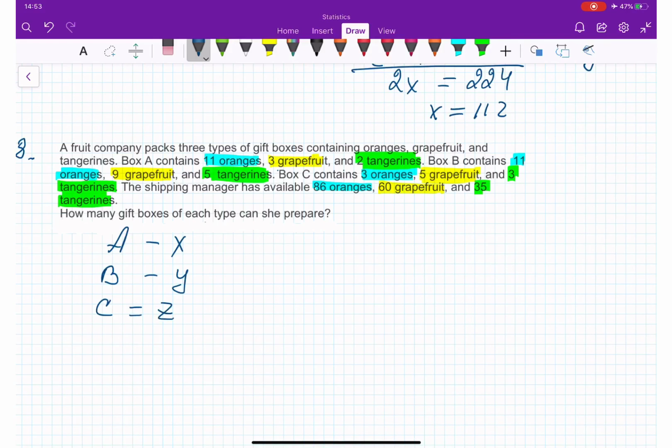Okay, so from box A, we have 11 oranges, 11 times X. From box B, we have another 11 oranges times Y. And from box C, we have 3 oranges with Z amount of boxes, and that all is equal to 86 oranges.